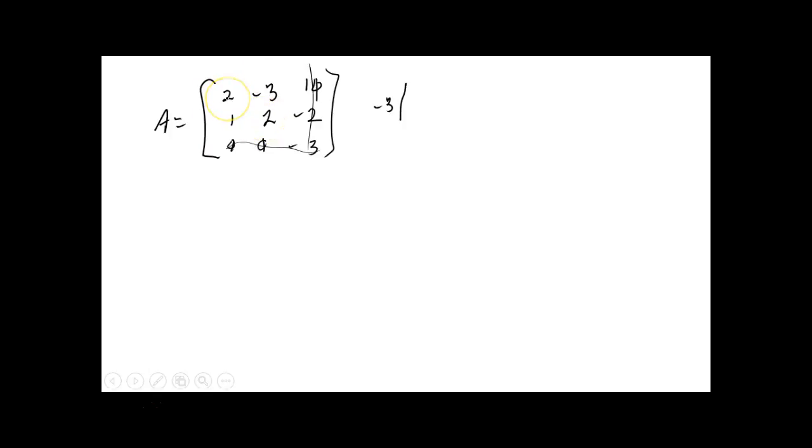What's left over? Say again? 7. Minus 3 times 7. Okay? And that would be minus 21. So we know what the determinant is.